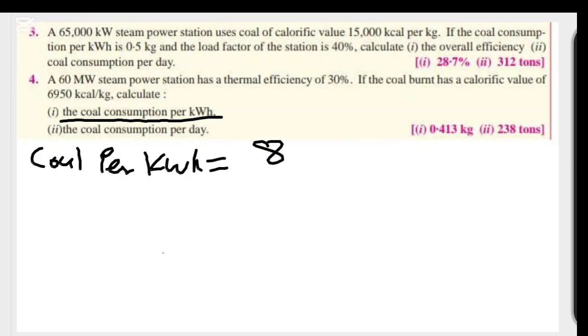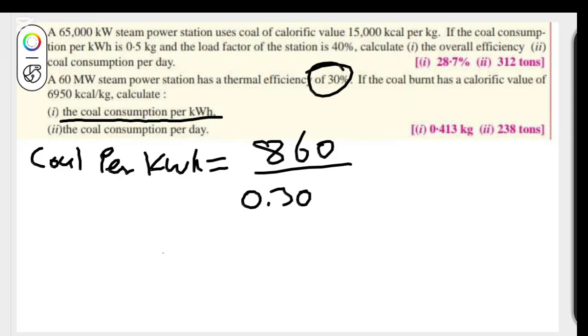It is the same thing as, don't forget, 1 kilowatt is the same thing as 860, and I have to divide it by the efficiency, which is this percent multiplied by 0.3 and also multiplied by the calorific value. I have to say 6950.